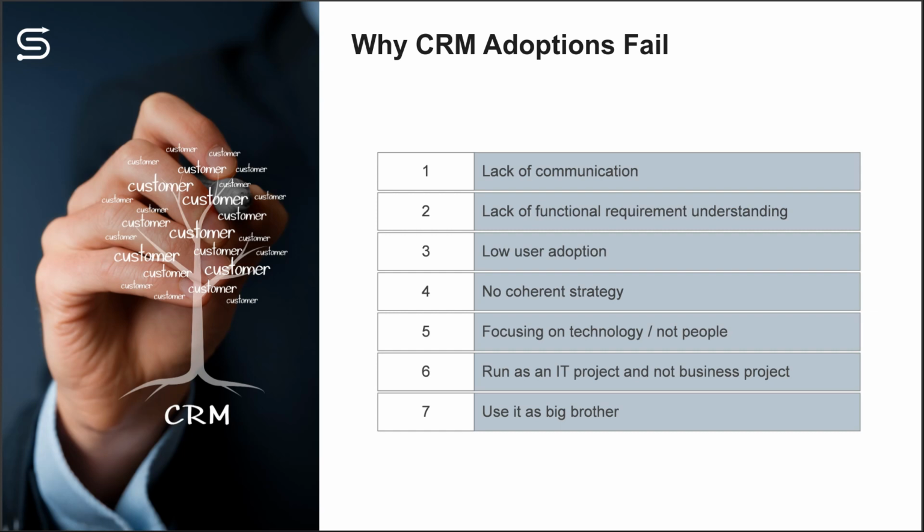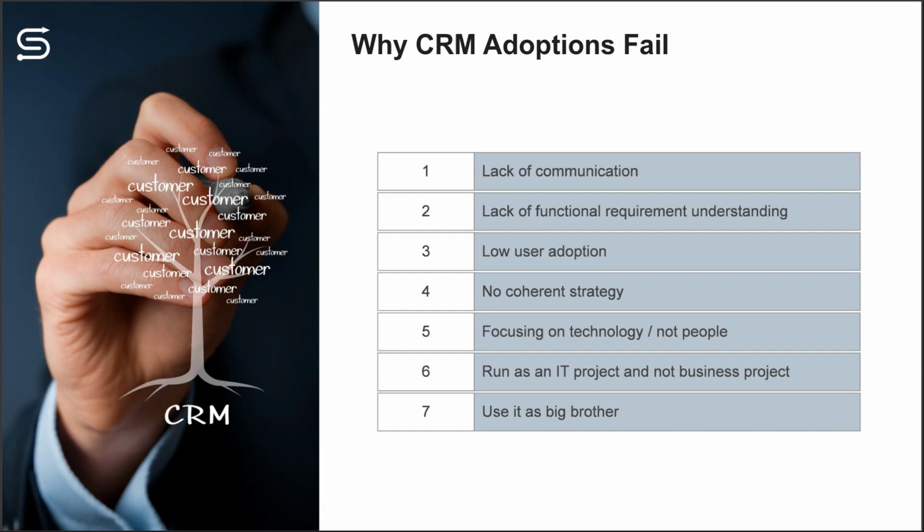So if you're trying to implement this system and you're not communicating with the business and you're not understanding the process, you're not confirming understanding, you're not really being clear about the objectives and the tasks at hand, then there's going to be issues. So it really comes down to making sure that there's a meeting of the minds and a clarity and a simplicity to what we're trying to achieve.